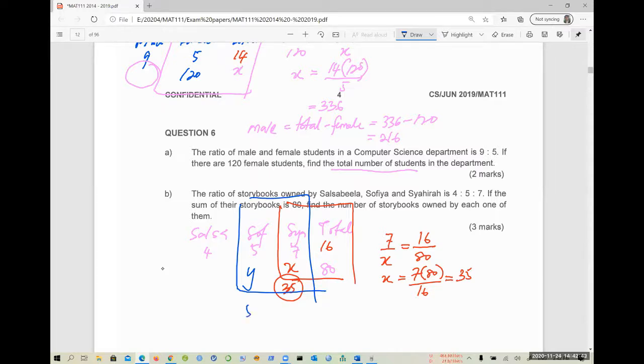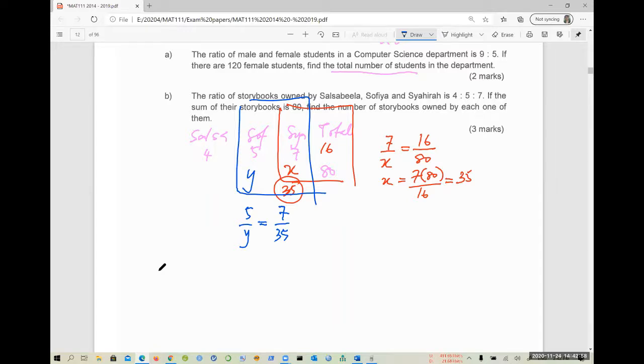So you have 5 over Y is equal to 7 over 35, the amount that you found just now. So this gives you the solution Y is equal to 35 times 5 divided by 7. You know that 7 and 35, you can cancel, you get 5 over here. So Y is equal to 25.